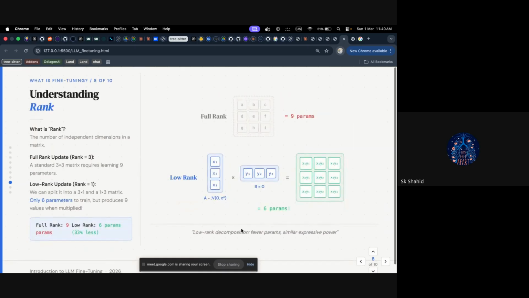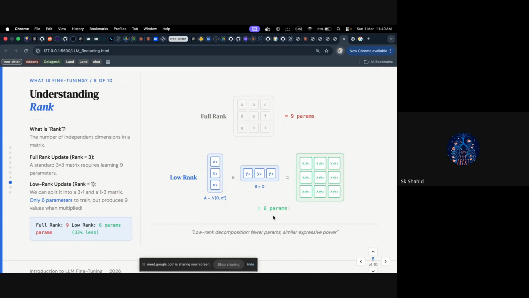In order to train, matrix A will have an initialization value. To be more technical, the weights are randomly initialized with a Gaussian distribution that we see over here, and the weights of matrix B will be initialized with 0.